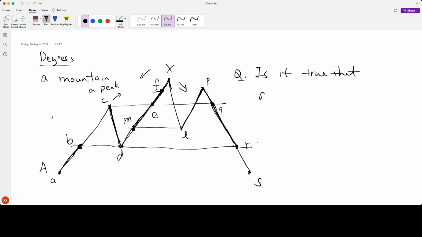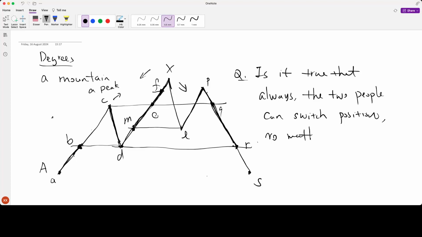That always the two people can switch position no matter what the shape of the mountain is.